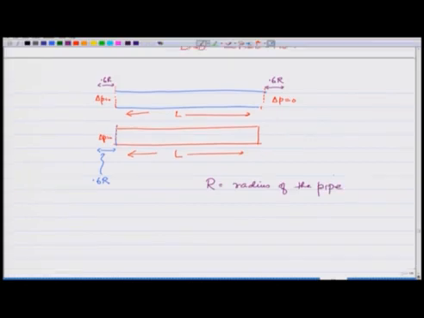So, effectively the length for an open ended pipe would be equal to L plus 1.2 r. So, let me write this as effective length.